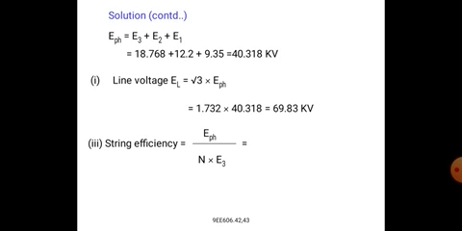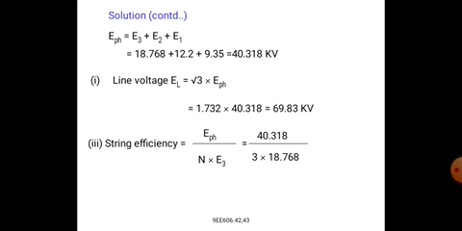String efficiency is equal to E phase into number of discs, divided by the voltage across the disc nearest the conductor, the maximum voltage. E phase is nothing but 40.318, number of discs is 3, and E3 is 18.768. So efficiency is equal to 71.6%.